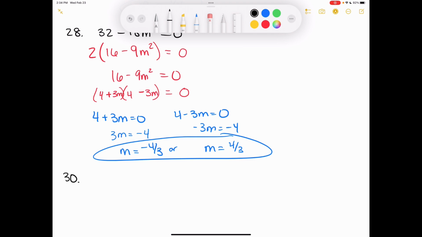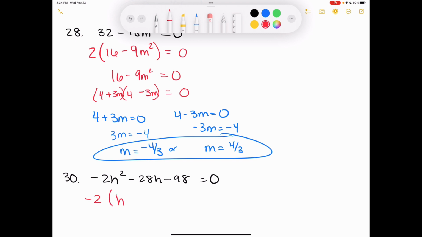All right, 30. Negative 2h squared minus 28h minus 98 equals 0. Is this one of my special types as it sits? Okay, then what do I need to do? Take out a negative 2.